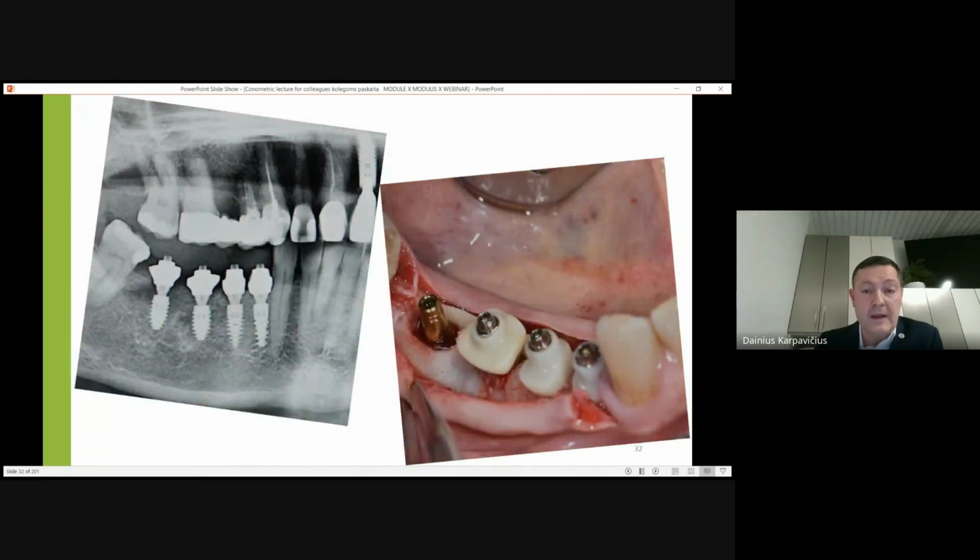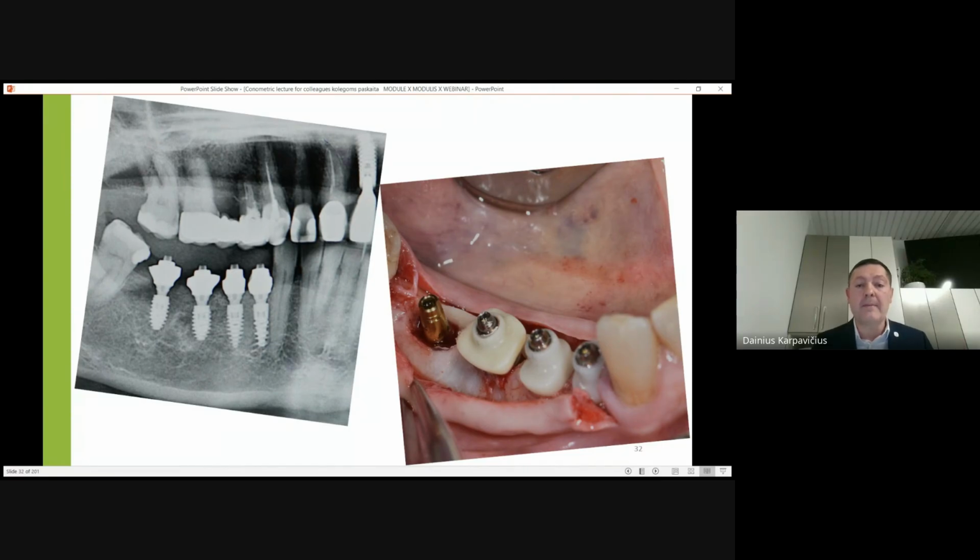Now, after the healing period, sorry, this is not after the healing period. This is the slide that I wanted to show you, more or less what we are creating. After the extraction of the tooth, we have an emergence profile. And that's why, quite often, when we do extraction and implant placement, we have nice profiling of our prosthetics.